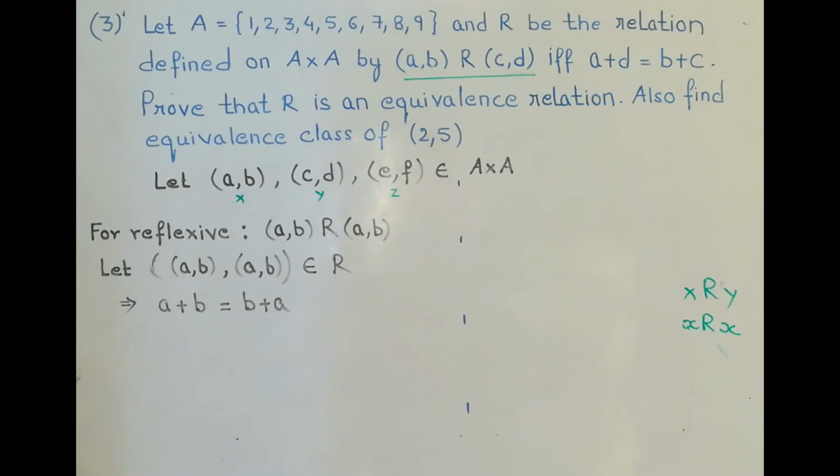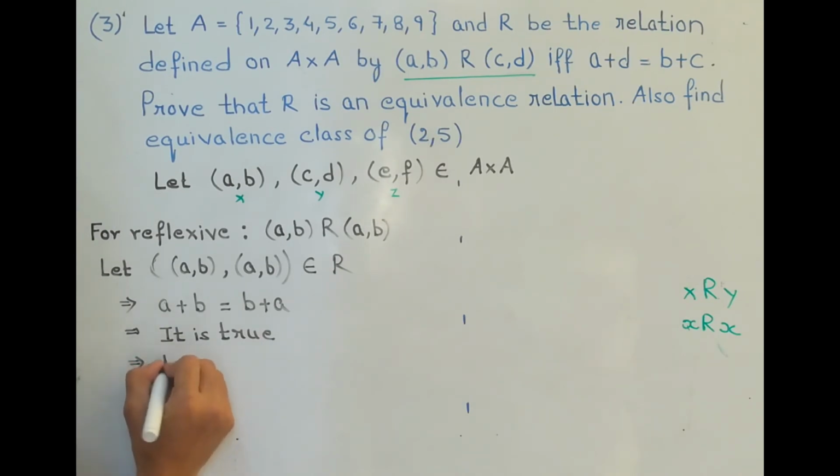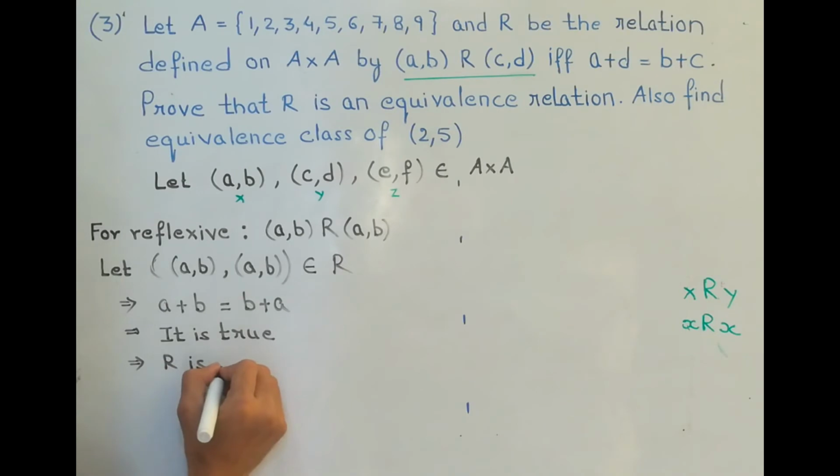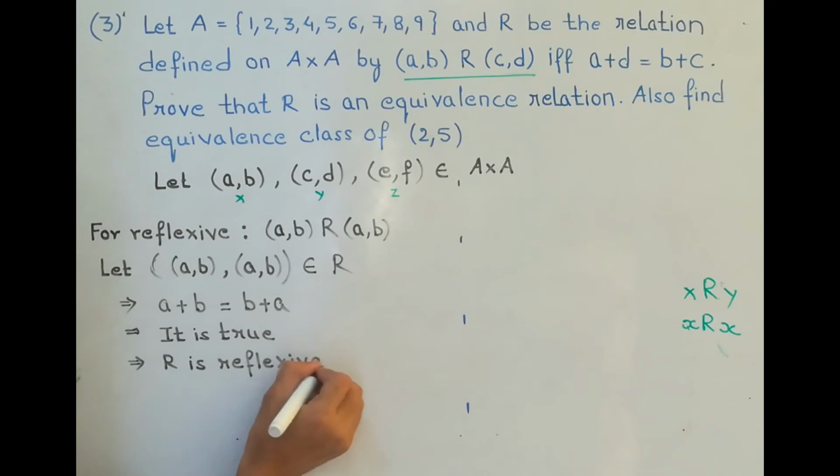Yes, the relation is true, because a plus b is equal to b plus a. So on taking a comma b belonging to R, the relation comes out true. We have proved that R is reflexive.